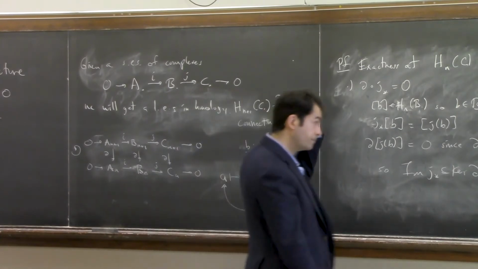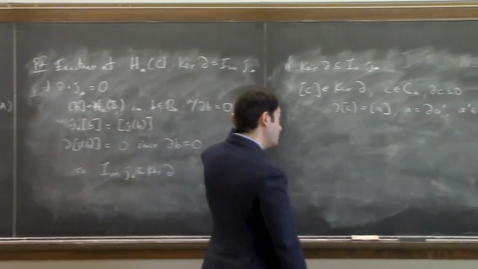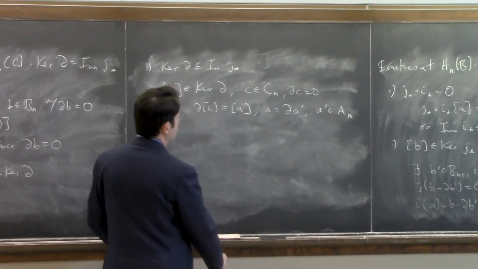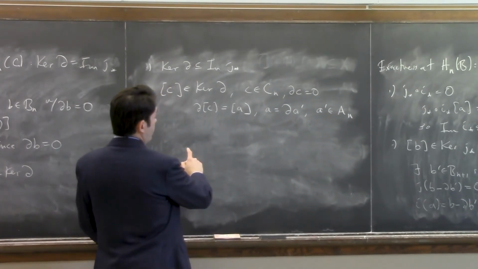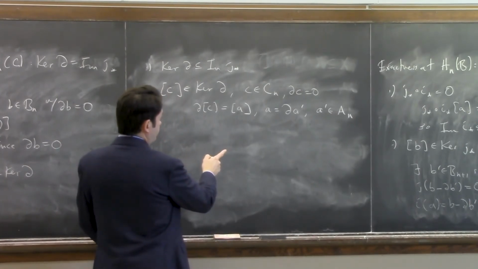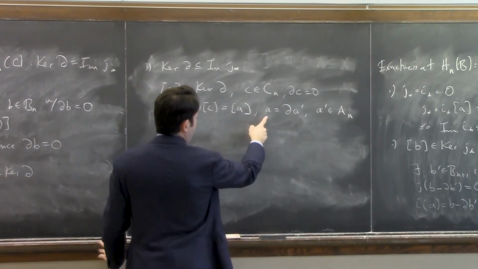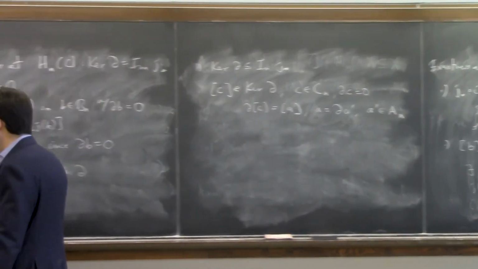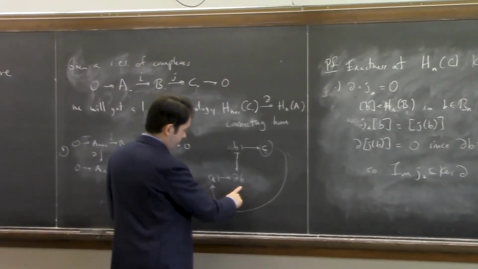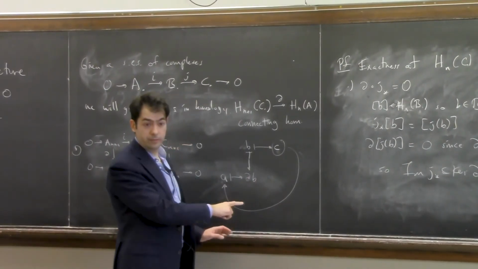Okay. So if A is equal to a boundary, then I of A is also equal to a boundary, right?